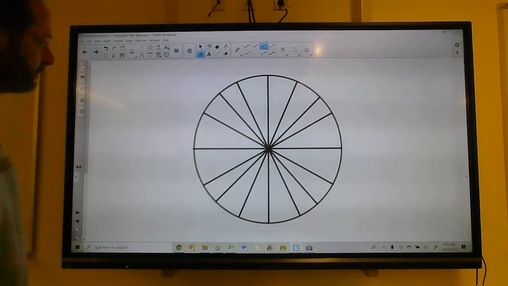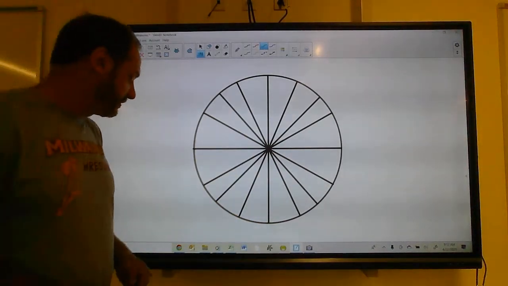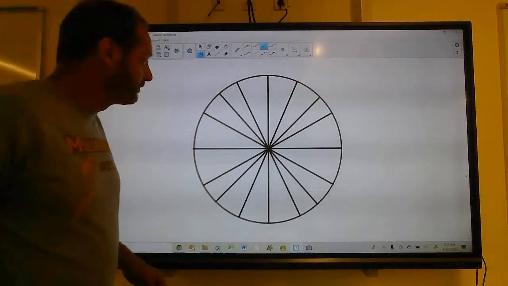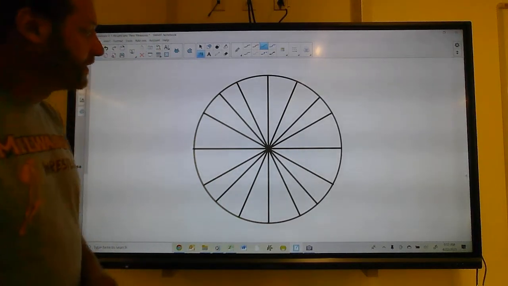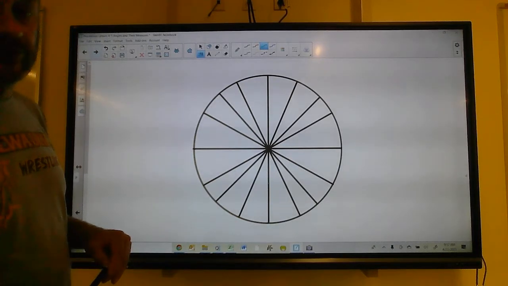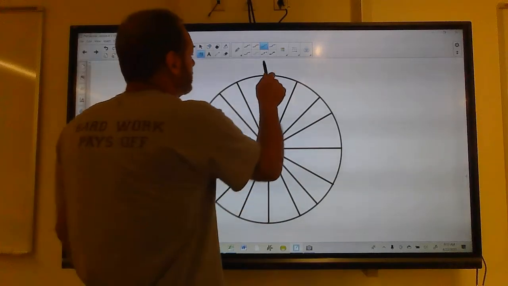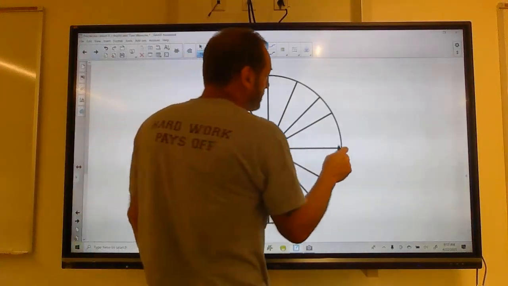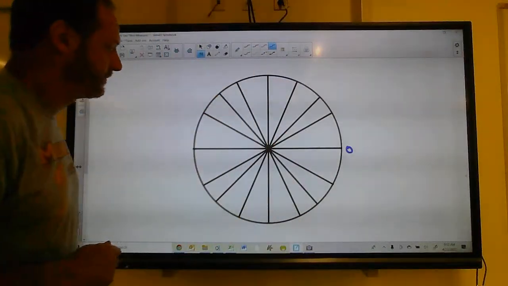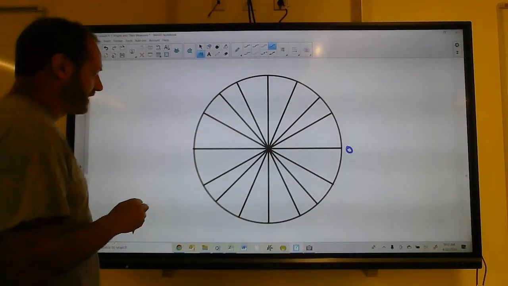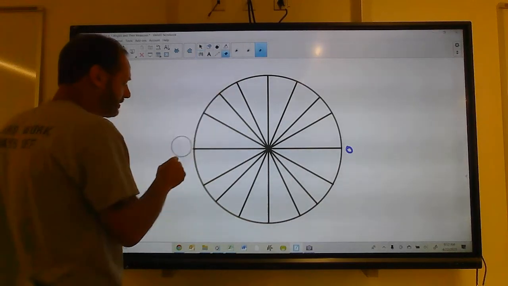Okay, now you should have one of these in Google Classroom. It's just a circle, and we're going to put some information on the circle with regards to angle and radians. As I said, there's 2 pi radians, so this would be 0 radians. Let's do this in degrees first.